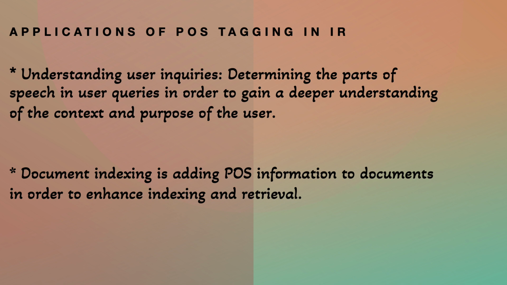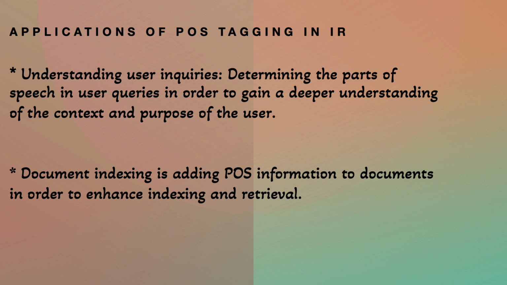The first one is query understanding. POS tagging plays a crucial role in enhancing the understanding of user queries. By analyzing the grammatical structure of queries and identifying the parts of speech of query terms, IR systems can better grasp the intent and context behind user search queries.